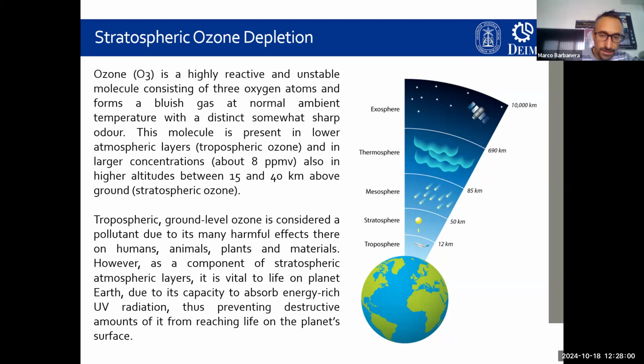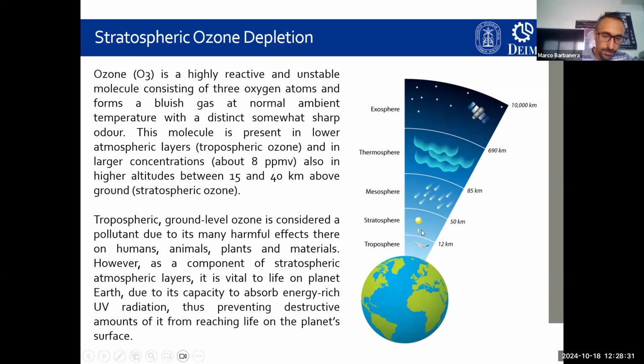Instead, the stratospheric ozone is very important for life on planet Earth due to its capacity to absorb energy-rich UV radiation, preventing destructive amounts of it from reaching life on the planet's surface.